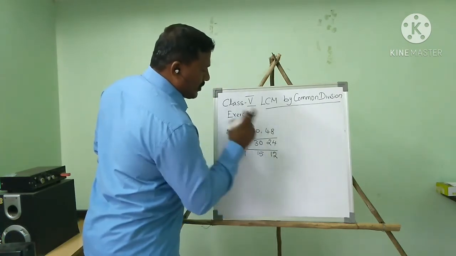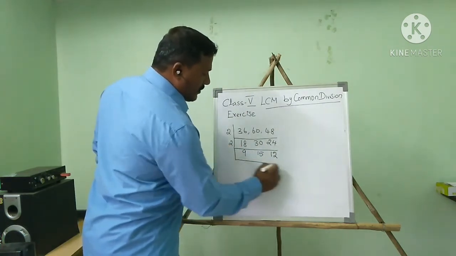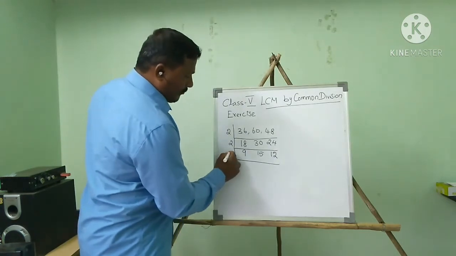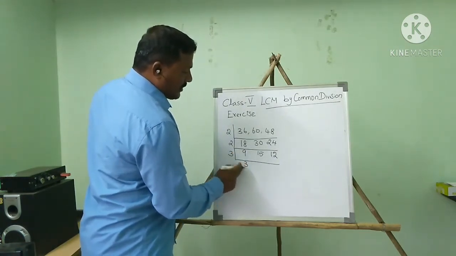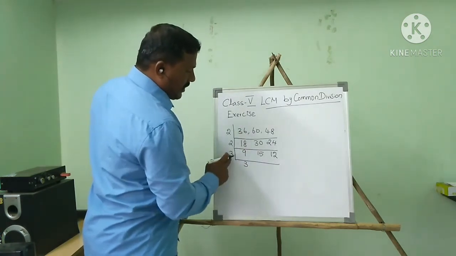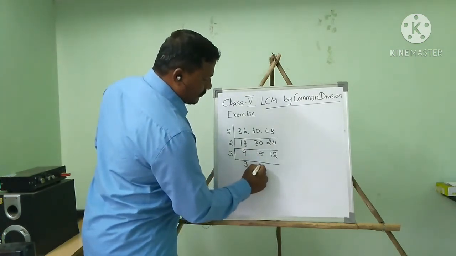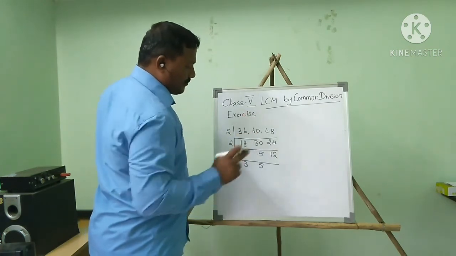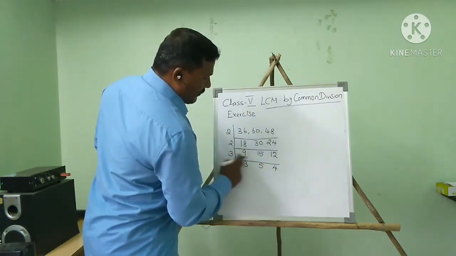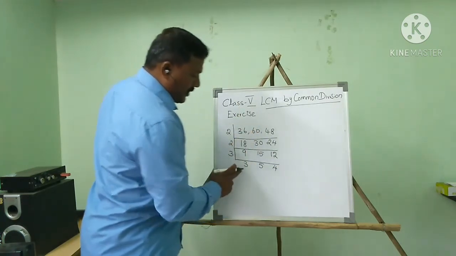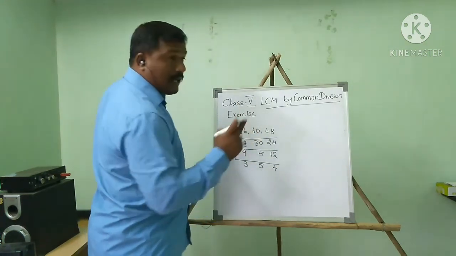Again we will divide by 3. 3 3's are 9. Then 3 5's are 15. Then 3 4's are 12. See here, this is a prime number, but this is a composite number.